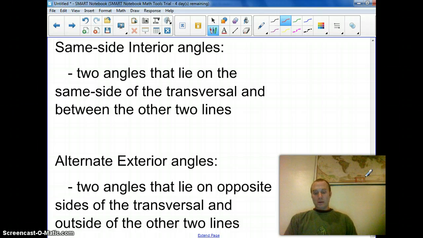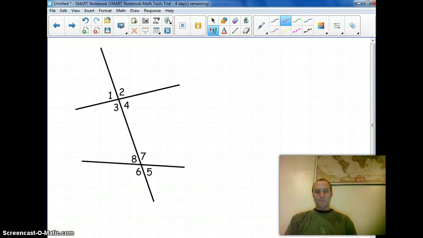Let's look at a picture and make sure we've got this information down. So here are two lines cut by a transversal. Hopefully by now you recognize that line, I'll call it line C over here, is the transversal. The other two lines are being intersected. So the first type of angle we talked about are corresponding angles. There are four sets of corresponding angles in this picture, such as, well, I'm going to start with angles 1 and 8.